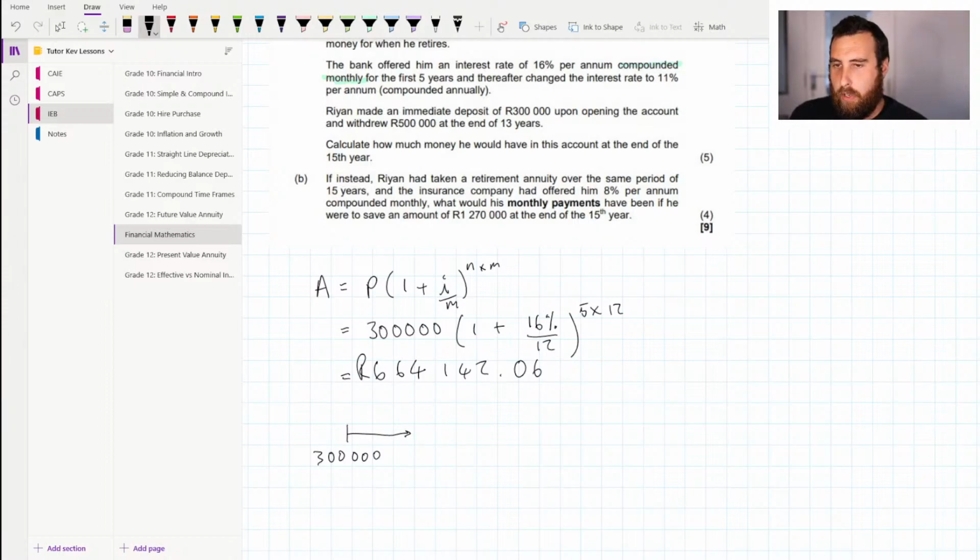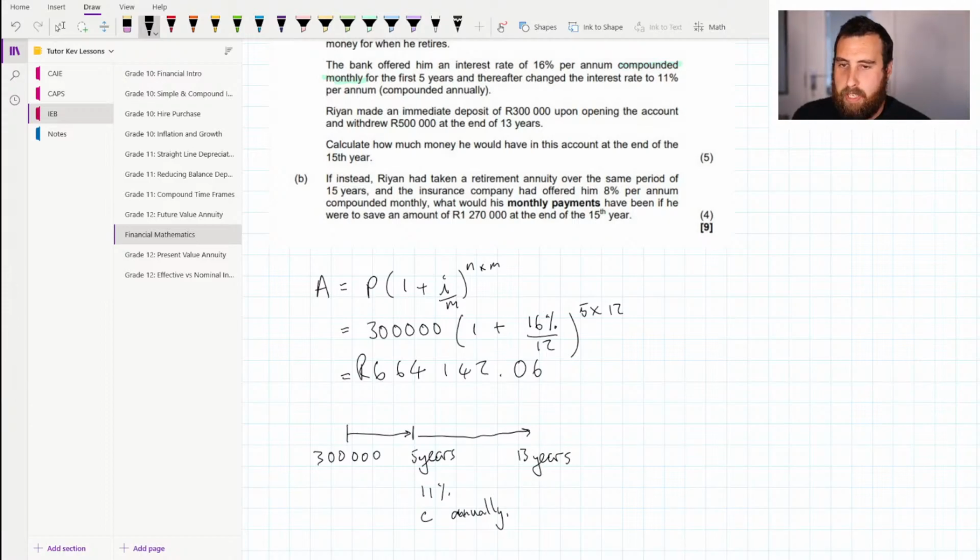And then as we move along, we get to the 5-year mark, and that's where our interest rate changes. So then we need to adjust to 11% compounded annually. And then we move along, and we see there's a withdrawal from the account on the 13th year.